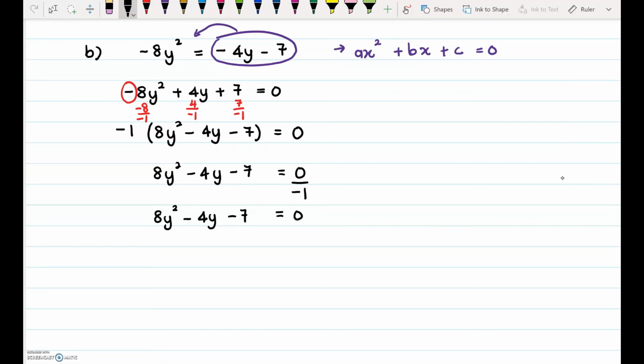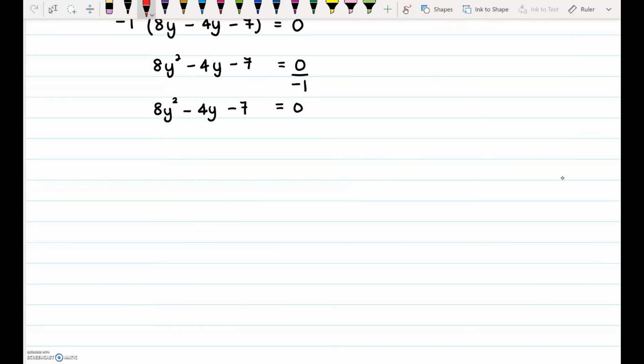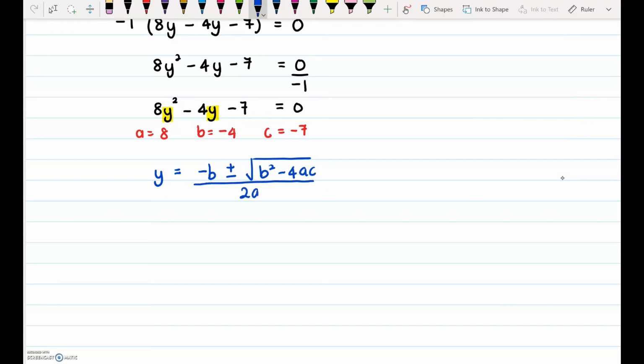Okay. So the question asked us to solve using the formula, so we put it into the formula. What is A? A equals 8, B equals negative 4, C equals negative 7. So when we put it in the formula, we get Y. Make sure you use the variable that is in your question. If it is Y, then Y. So Y equals negative B plus minus square root of B squared minus 4AC, divided by 2A.